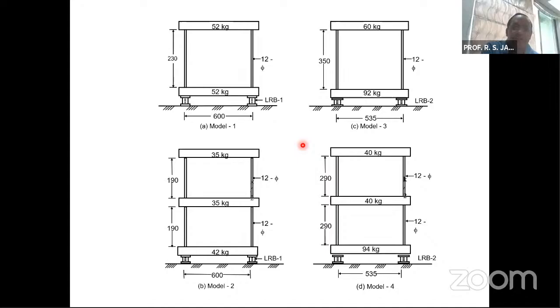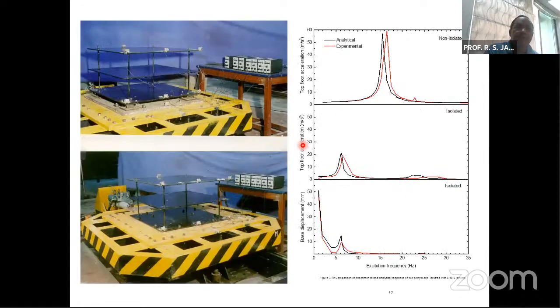These models, we then put on the shake table test and saw the performance of the models in terms of the reduction in the acceleration with and without isolation conditions. So this is the shake table which we have at our institute, though it's not a very big shake table. It's just a 5-ton capacity shake table. So very limited or very small scale models we can test here.